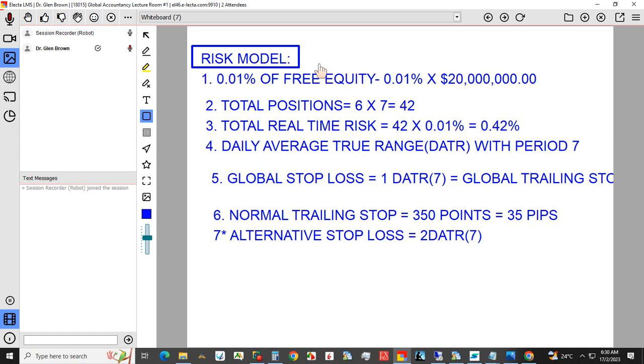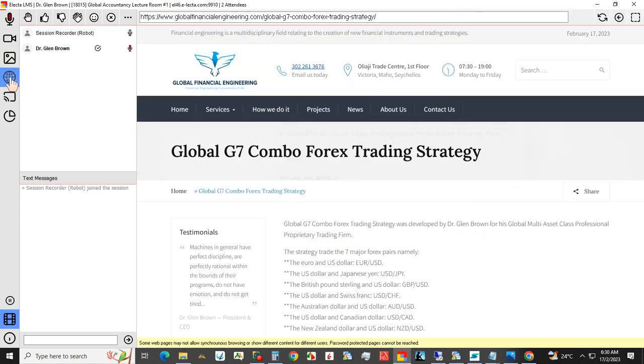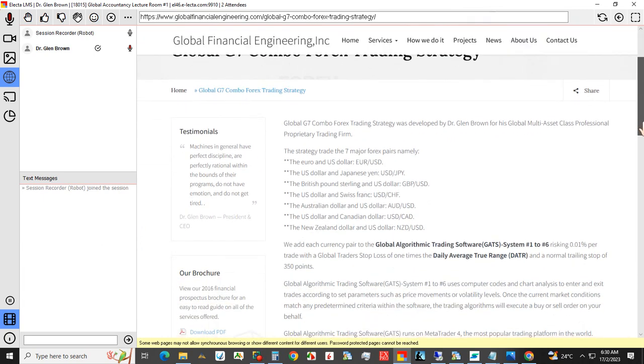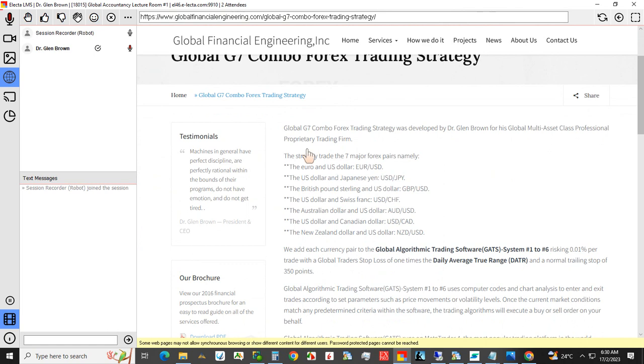So let me go over to a web browser where I already configured the literature for the strategy, so I don't need to type it out on screen here. You'll see that the Global G7 Combo Forex trading strategy was developed by me for my global multi-asset class professional proprietary trading firm.